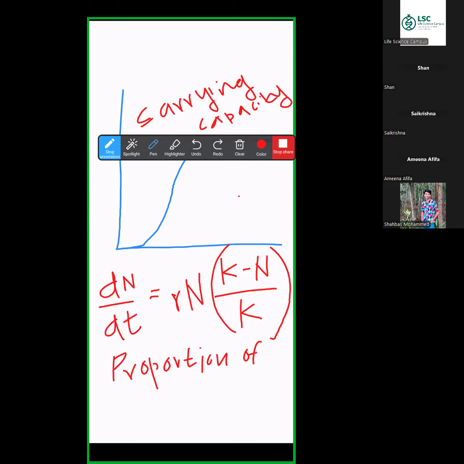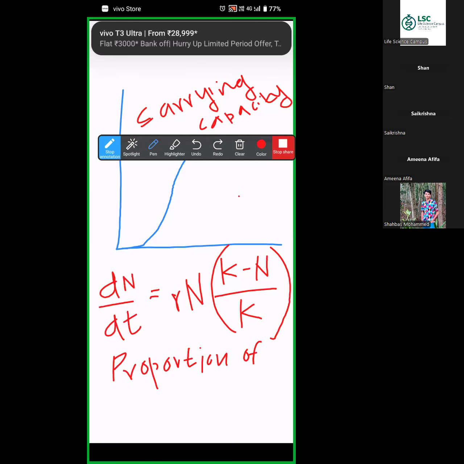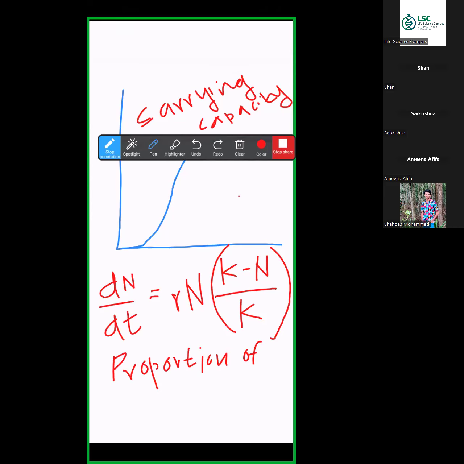N is the initial population size, R is the instantaneous growth rate. It is the same as the equation for exponential growth, but here we are introducing (K minus N) by K, the proportion of unused resources remaining.